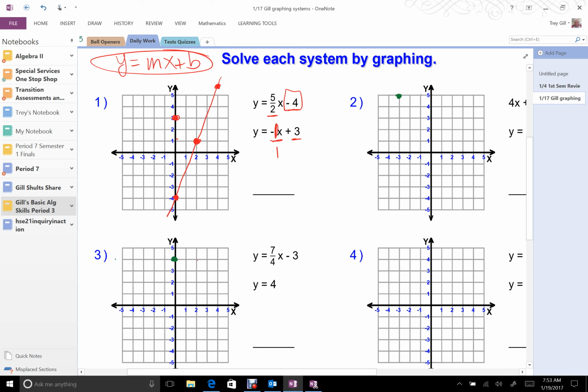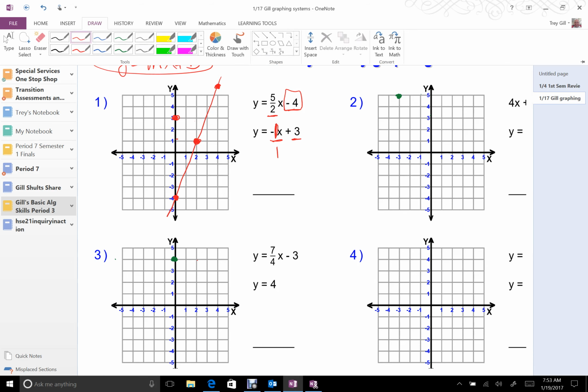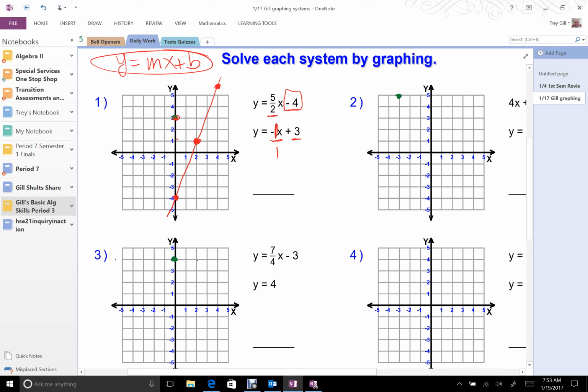Now it's not -1 over -1, it's just -1 over +1. So from our point that we just put up there, I'm going to change color to green, we're going to go down 1 over 1, down 1 over 1, down 1 over 1, and keep repeating that. We can also do the reverse, up 1, back 1, as long as we do the reverse of both.